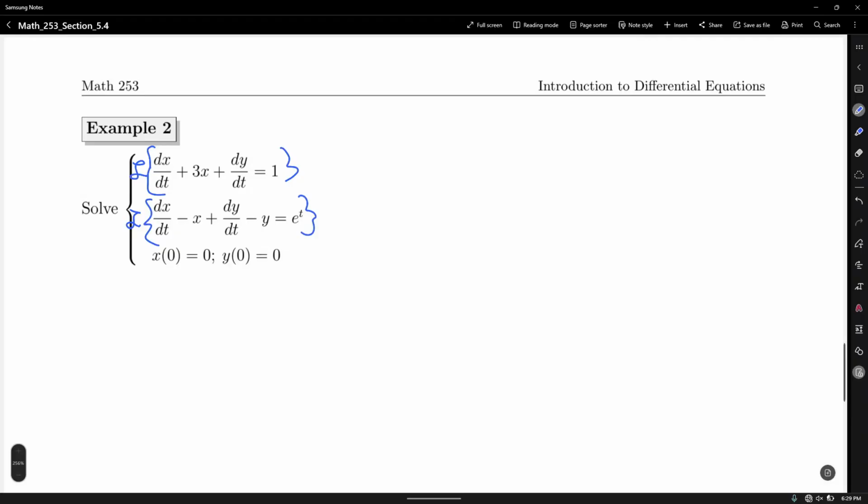On the one hand, we get s x of s plus 3 times x of s as well, plus y of s equals the Laplace transform of 1, which is 1 over s.